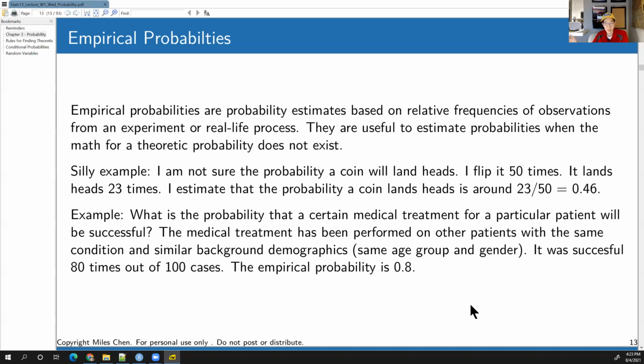And perhaps you look at similar background demographics, maybe the same age group and gender. And you'll say, when we gave this treatment to other patients with a similar condition and similar background, it was successful 80 times out of 100 cases, right? And so that's based on real data. And then you'd say, okay, our estimate of the probability of success for you is going to be 0.8, because it was successful 80 times out of 100.